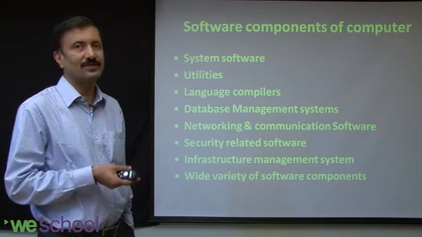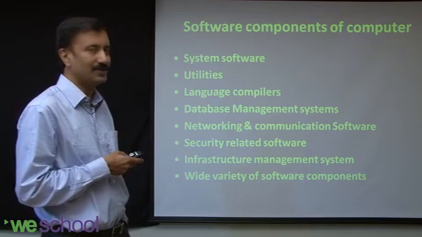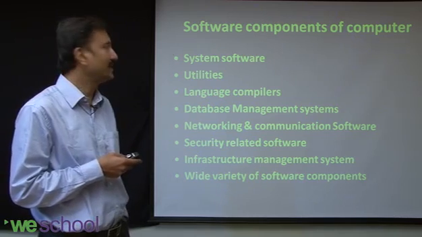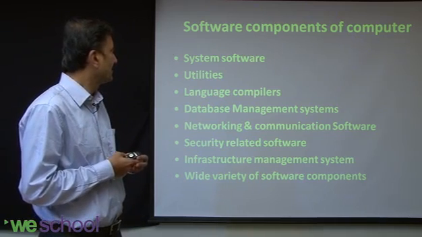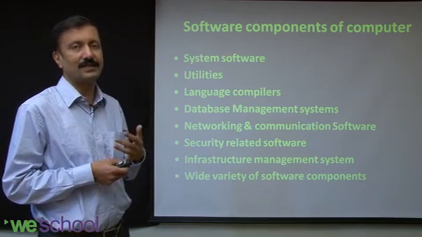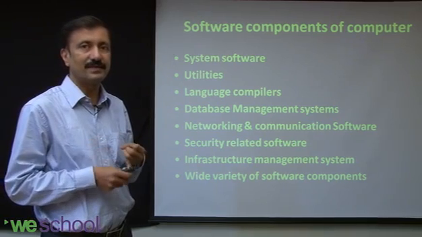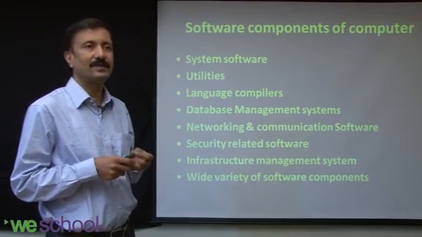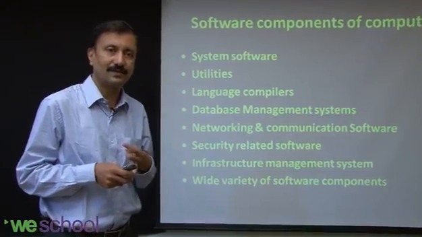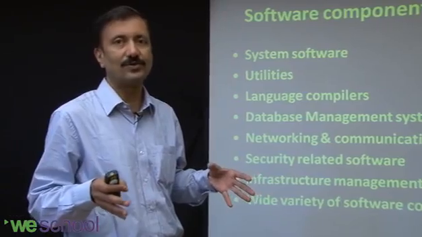Now let's talk about software and the kind of software which I've already touched upon, but in a little more detail. So for example, on the system software side, we discussed utilities. I gave you examples of, say, WinZip. You may have other utilities like, for example, many a time the disk gets fragmented after long usage.